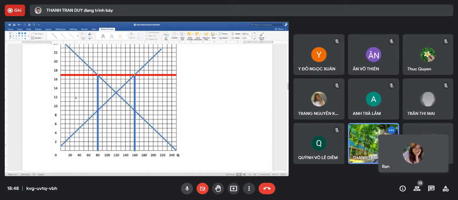Are you sure? Why do you say surplus? Surplus means excess. Exactly, right?